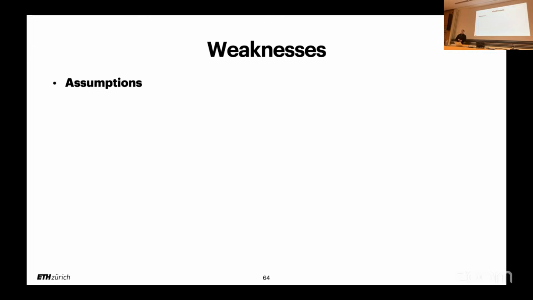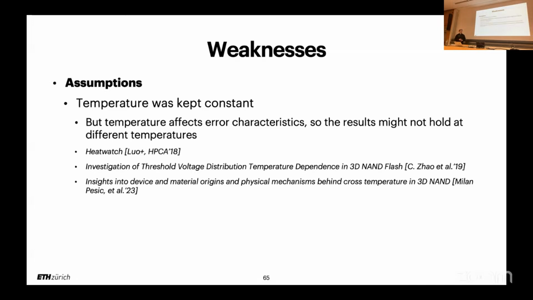Now, some of the weaknesses that I thought were maybe important. The assumptions: perhaps temperature is not exactly an assumption, but I thought it's important to mention anyway. They kept the temperature constant, at 20 degrees. But temperature isn't constant in the real world, and temperature does affect error characteristics. So I thought it would have been important for the paper to at least mention it, but they don't, even though they say they do a full characterization of everything.